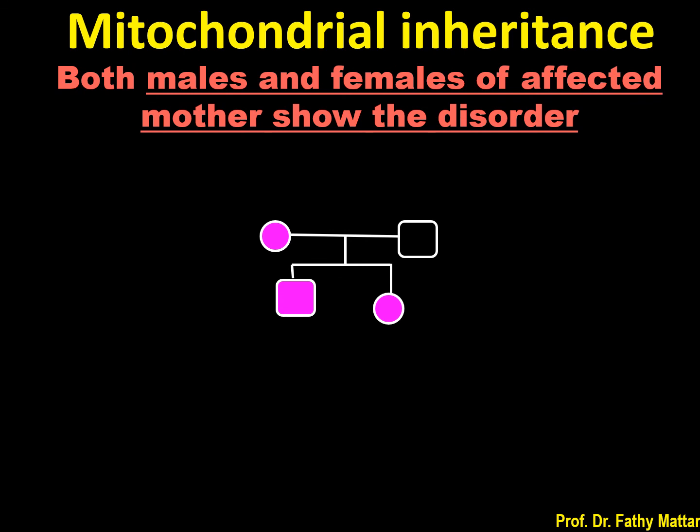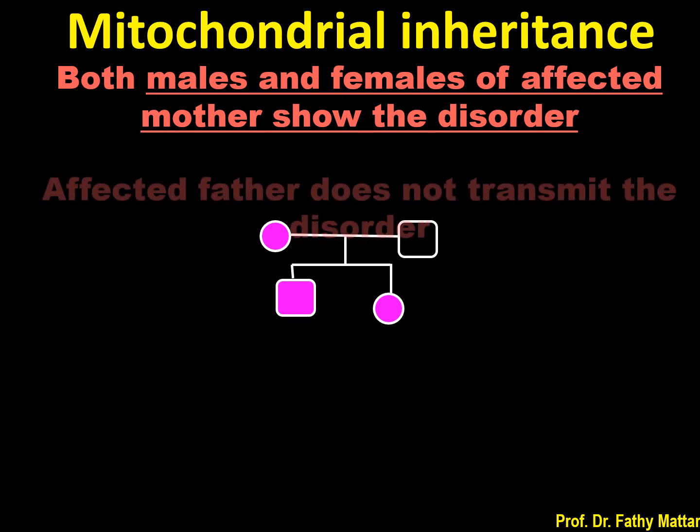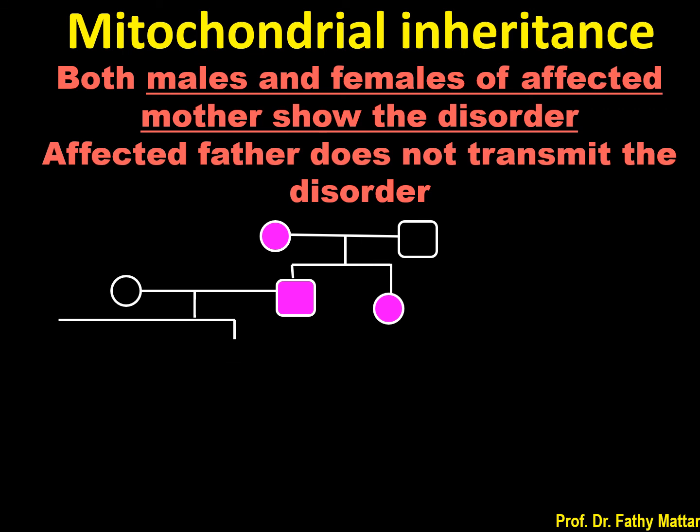You see that if a female is carrying the disease, both males and females will inherit the disorder. But if a male carries the disorder, none of his progeny will get the disorder, because the male gives spermatozoa, and the spermatozoa do not transfer their mitochondria to the next generation.